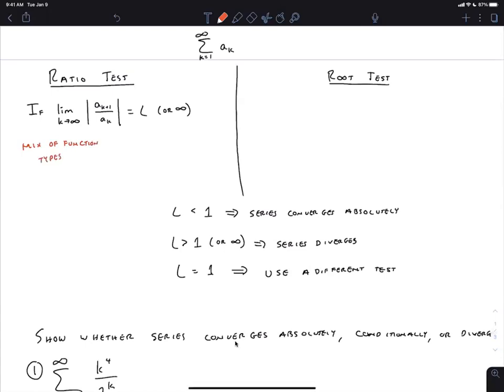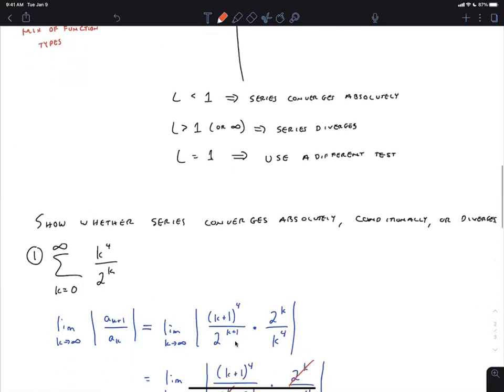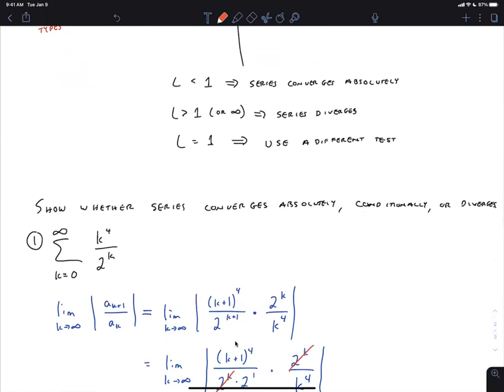So if you go back and look at what we were talking about on videos last week, we had these ones where it's all power functions over all power functions, or all exponential functions over all exponential functions. And every now and then we'd have something weird mixed in, but for the most part, it was those. Well, here we've got a power function k to the 4th mixed with an exponential function 2 to the k. That doesn't necessarily mean that you use the ratio test, but that's a key indicator that you might.